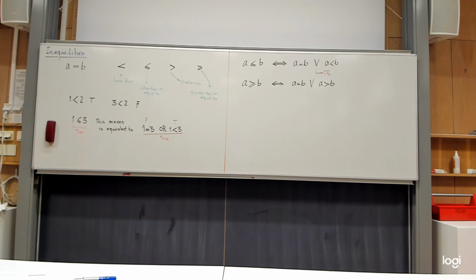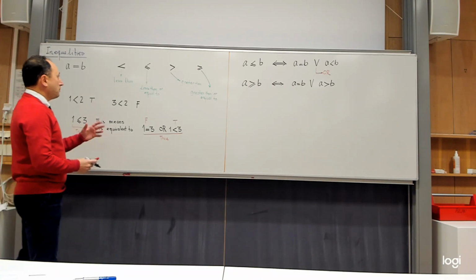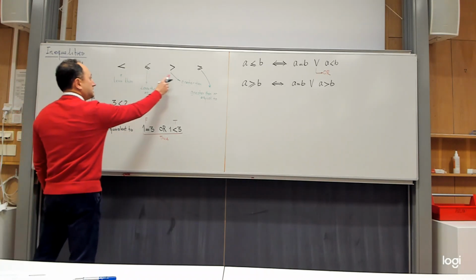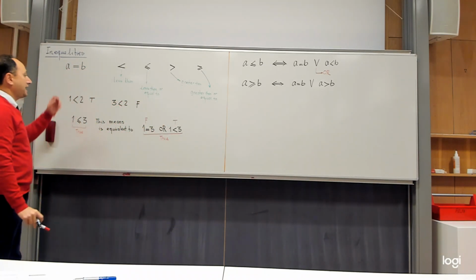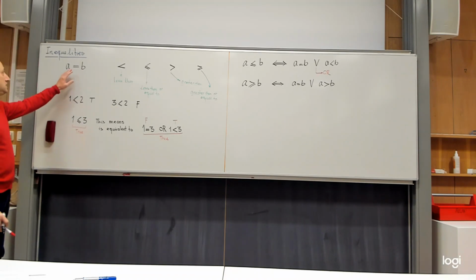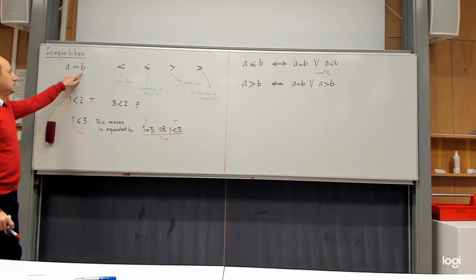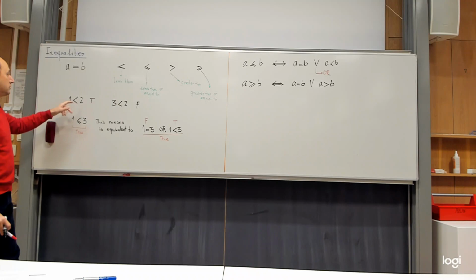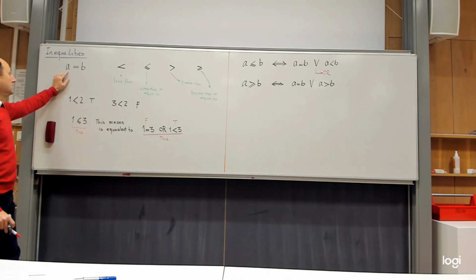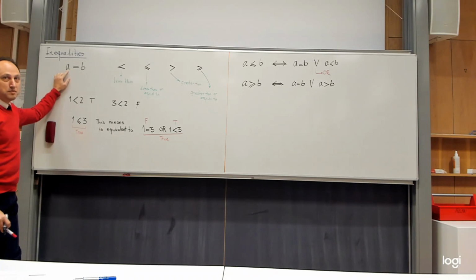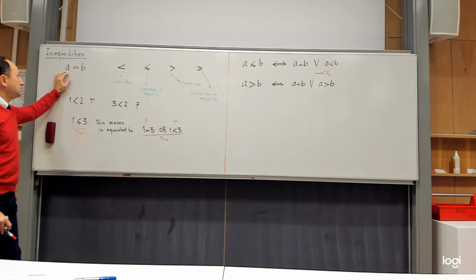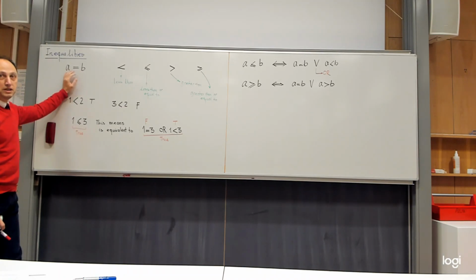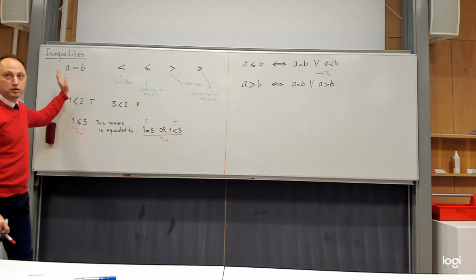Yes? Okay, so let us compare the properties of these inequality signs with what we have here. This is a relation between these two numbers. This is also a relation between two numbers. You are relating them somehow here. So equality is symmetric. What does it mean? It doesn't matter if you say A is equal to B or if you say B is equal to A. They are completely equivalent, yes?